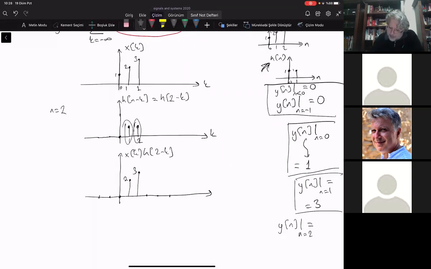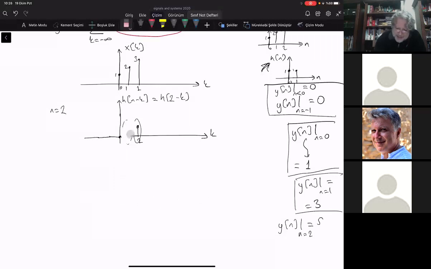So y of n at n equal to 2 is equal to 5. And then we have to slide again to the right, so I am erasing. That's why we need a kind of an animation for this. That would be a good one. I'm erasing this, and I'm erasing this. I'm gonna make them this time 3.